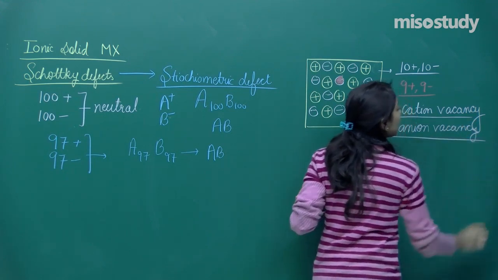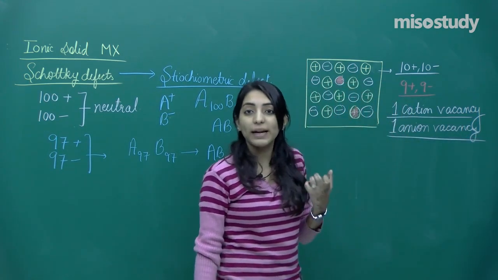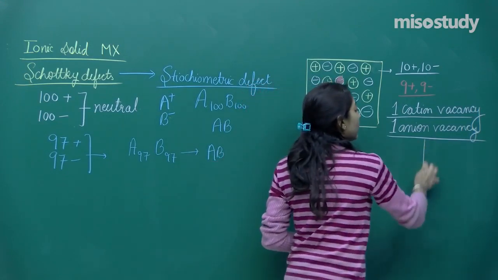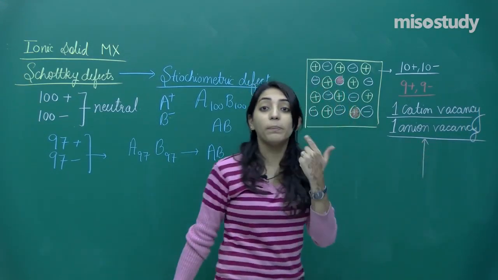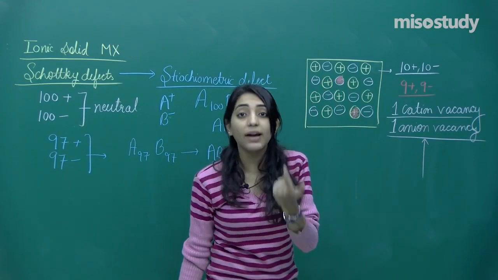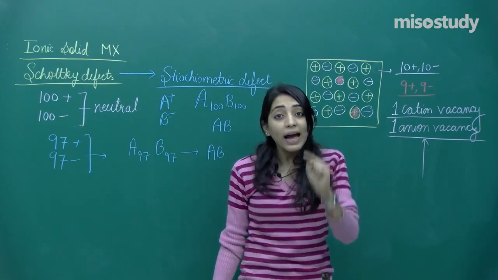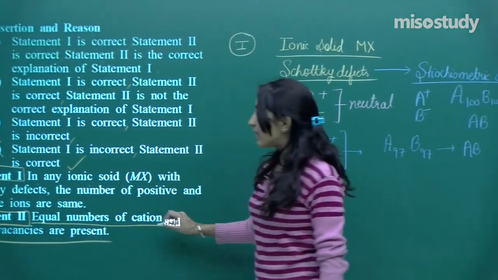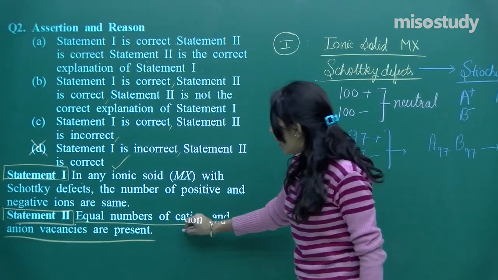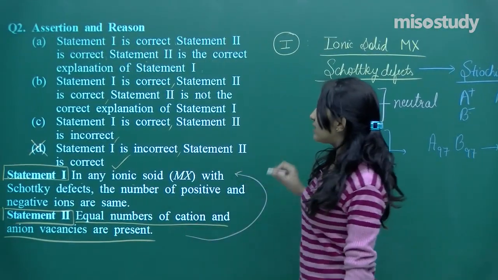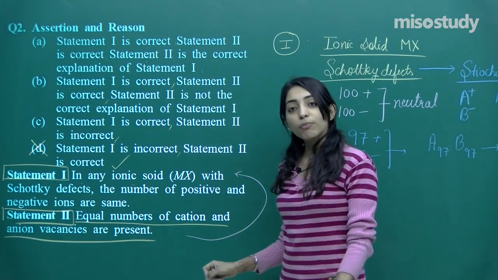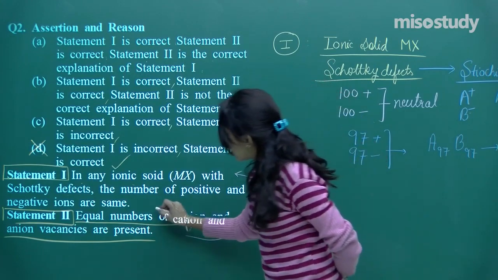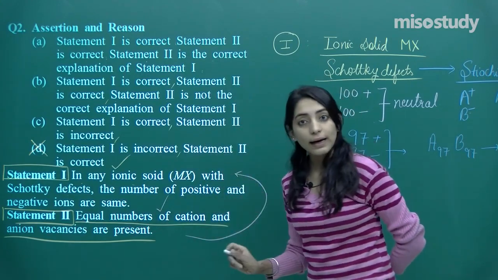So actually it was because of maintaining the neutrality that equal number of cations and anions were missing, equal number of cation and anion vacancies were created, and that was the reason why equal number of cation and anion vacancies are present, because of which we can say that the final number of positive and negative charges will also be same. That means statement number 2 is also correct.